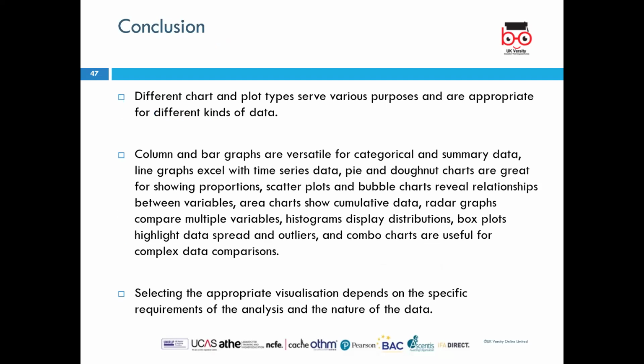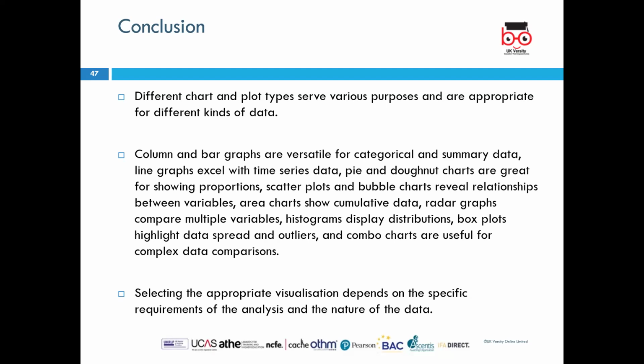So to conclude, we now know that column and bar graphs are versatile for categorical and summary data. Line graphs will now excel with time series data. Pie and donut charts are great for showing proportion. Scatter plot and bubble chart will now reveal relationship between variables.